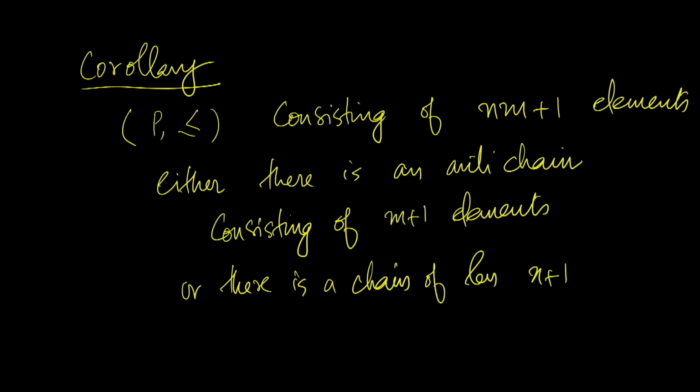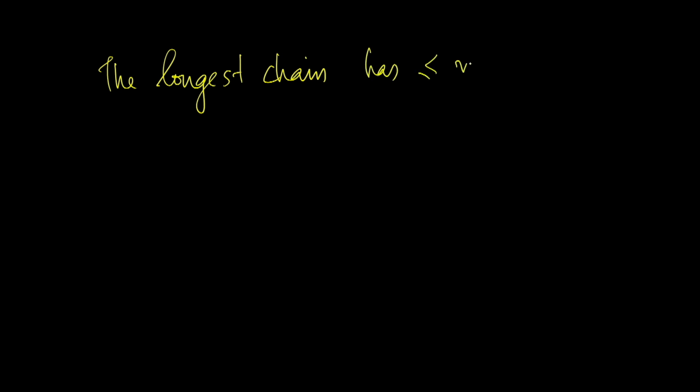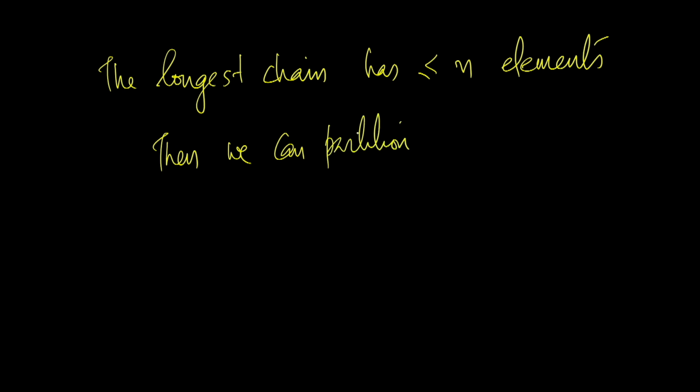So, let us contradict the assumption that there is a chain of length n plus 1. So, let us say the longest chain has a length of n at the most, then we can partition this into at most n disjoint antichains.